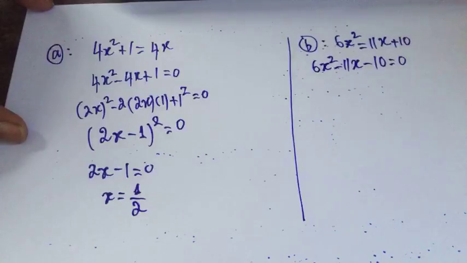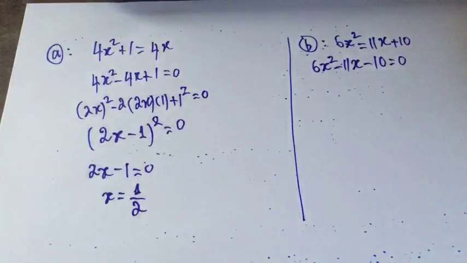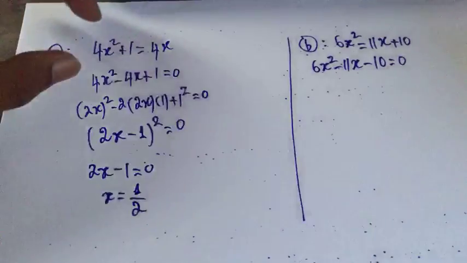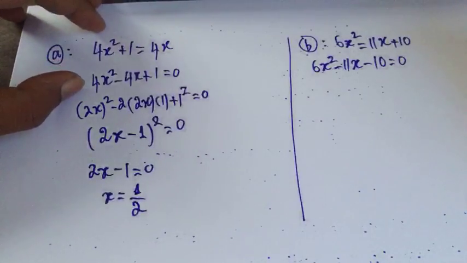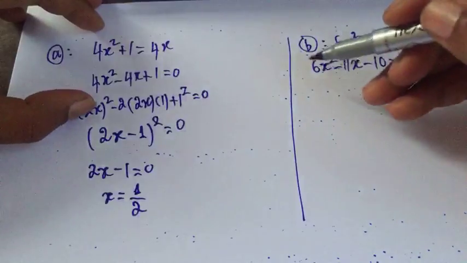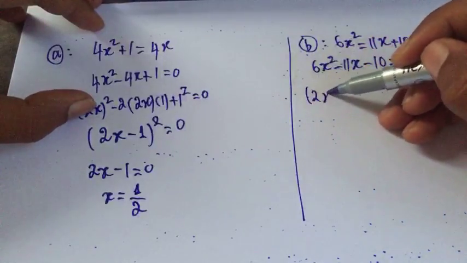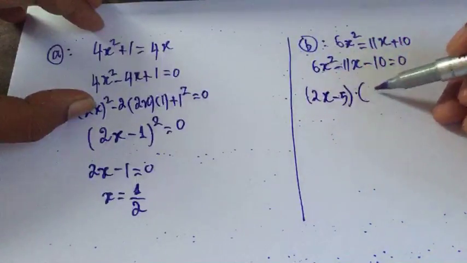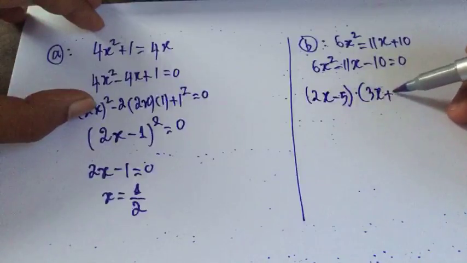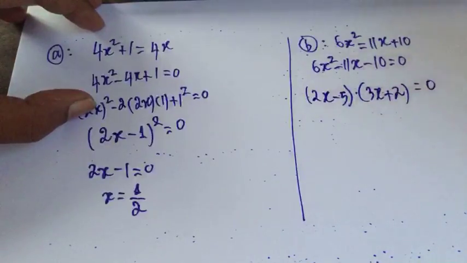It is difficult to find, so we need to factorize it, and we can use the cross product. Then we take (2x minus 5)(3x plus 2) equals 0.